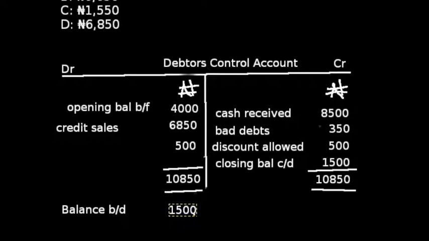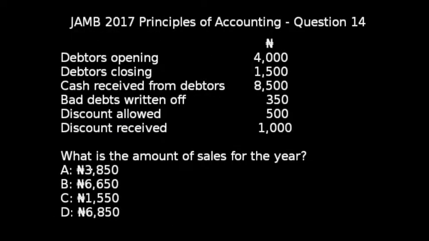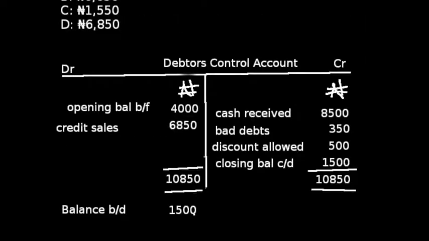And in doing that, addition of all items on the credit side gives us 10,850 naira. Then minus the only item on the debit side, the opening balance, we arrive at credit sales. This credit sales is also sales. That's the sales figure for the period.